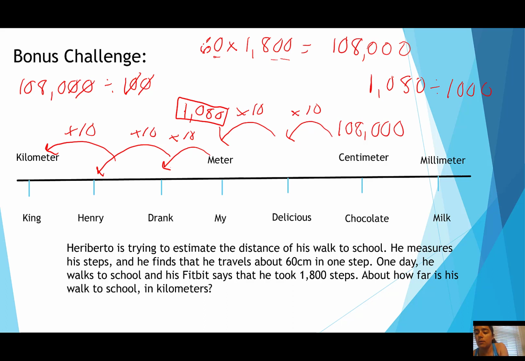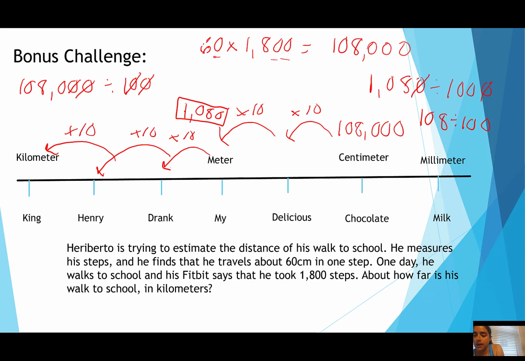Well, I could eliminate 1 zero from each part. And now I have 108 divided by 100. Now, if I do that, I need to think, how many place values am I shifting this number? So think about this like I could make a place value chart. I'm kind of running out of space out here.